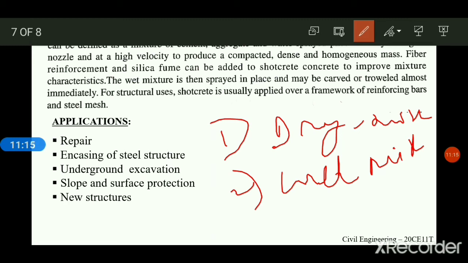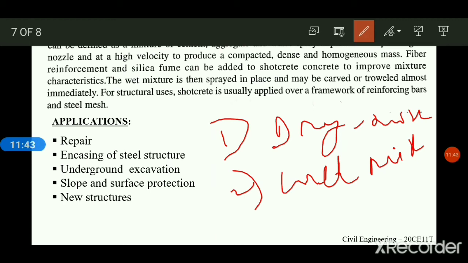In dry mix shotcrete, the cementitious material and the aggregates are mixed in dry conditions and delivered to a pneumatic gun. The pneumatically operated gun will ensure a continuous flow of the mix from the nozzle. The interior of the nozzle is fitted with a water ring which injects water to mix uniformly.